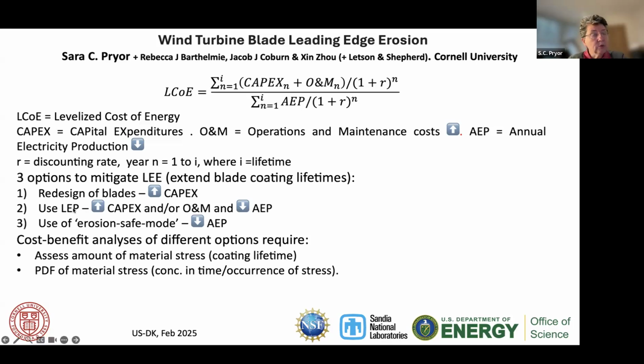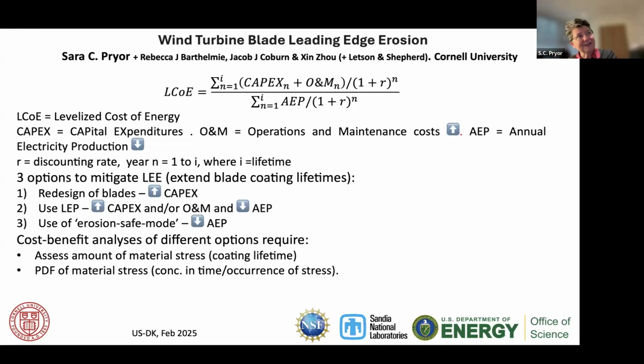So option 2, we can use leading edge protection products. So these might be tapes that we apply to the coatings, or it might be molded, soft or hard mold. We can do that either in mold when the blades are being built or as an after service addition. If we do it in mold, again, it'll increase capital expenditures.